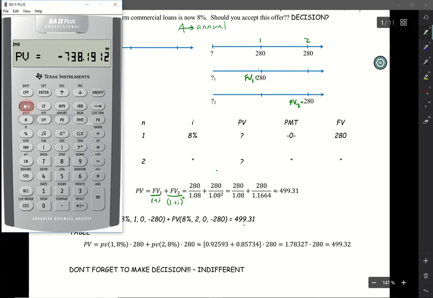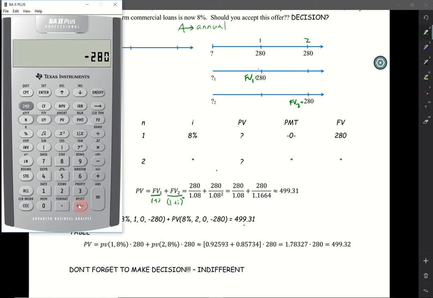clear the TVM registers, clear TVM, and then we would put in, say, 1 for n for the first one. We put in 8%. We want to compute the present value. The future value would be 280. And then I think I want my number to be positive.